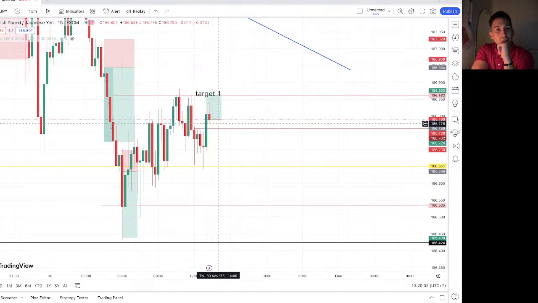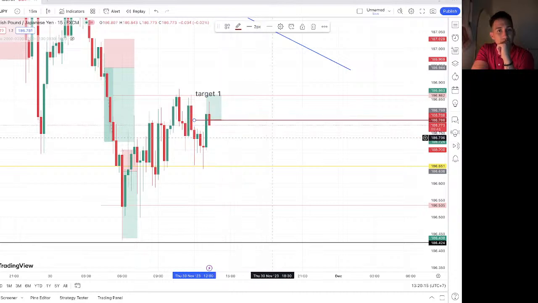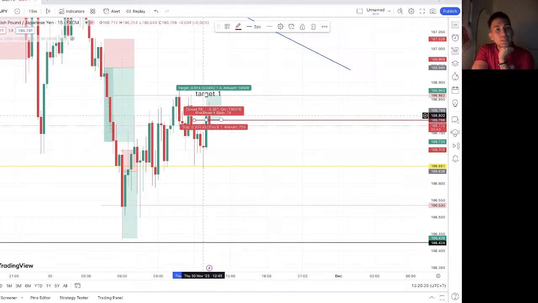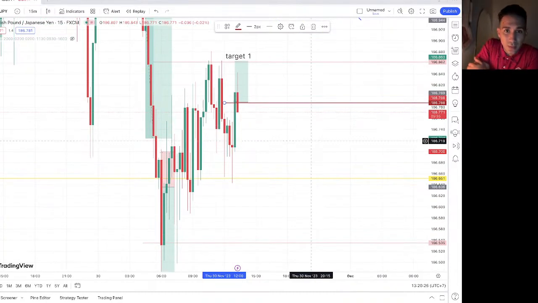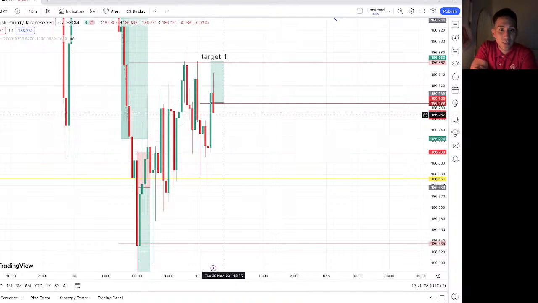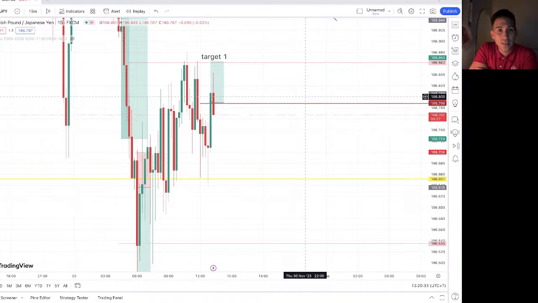So what could happen here? Yeah, in the 15-minute time frame that we are seeing here, this candle makes no wick, so that is an indication that it might go up a little bit, but we still need a pullback on this area.